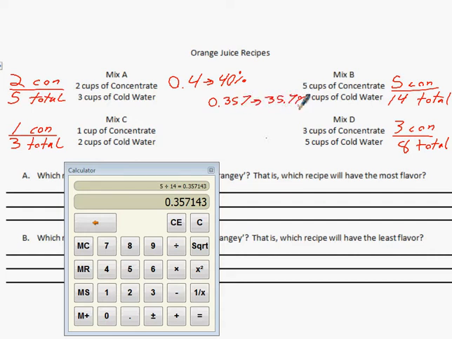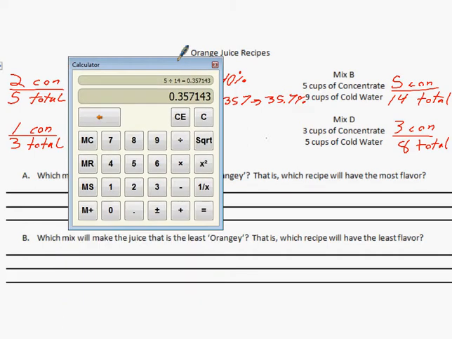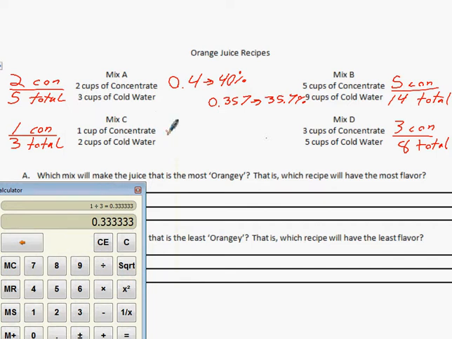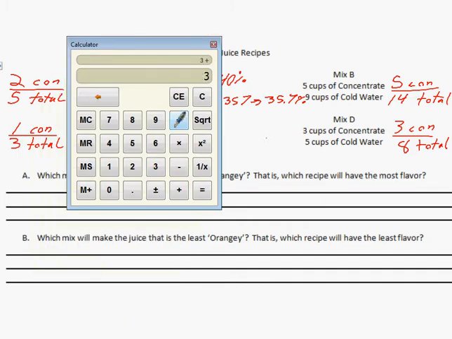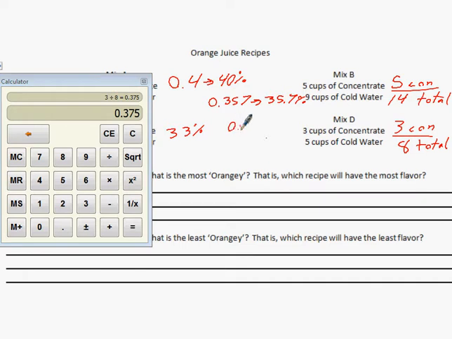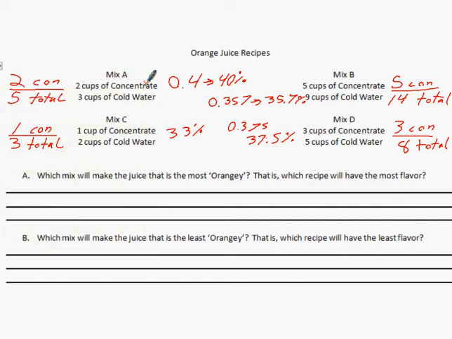So far, mix A is in the lead. Mix C, 1 divided by 3 is 33%. Mix D, 3 over 8, 0.375, which is 37.5%. Our highest percentage is mix A.